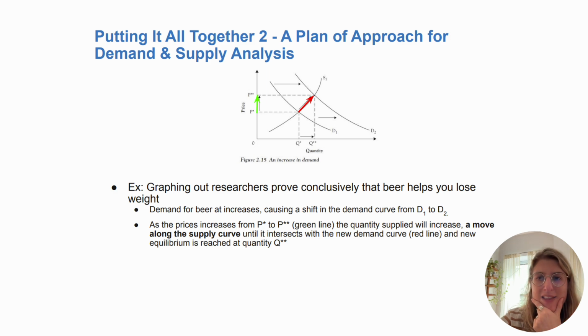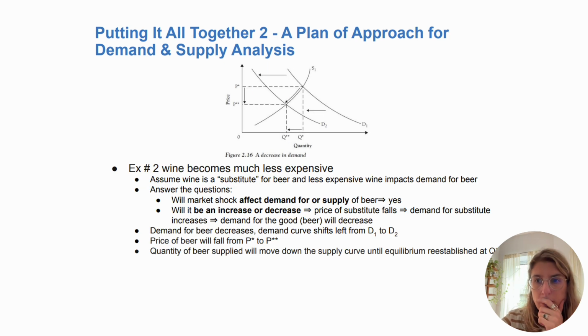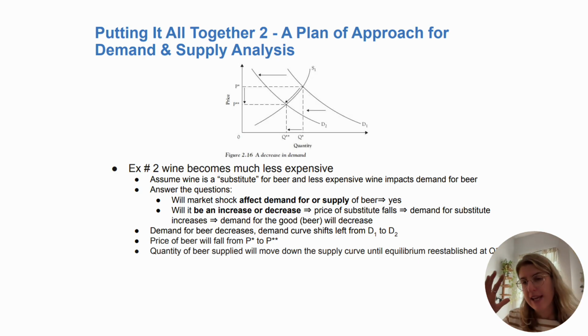Now, I mentioned in the last slide something about the short term. I'm just making a note because this will become more relevant later. This immediate shift in the demand and then the resulting change of price is in the short term. The short run is what we say in economics.